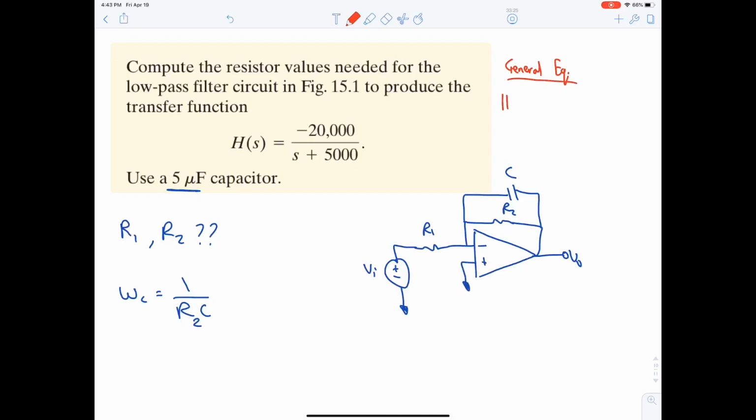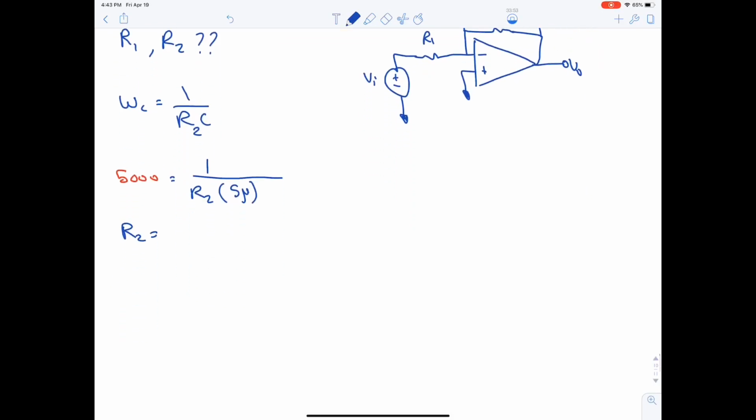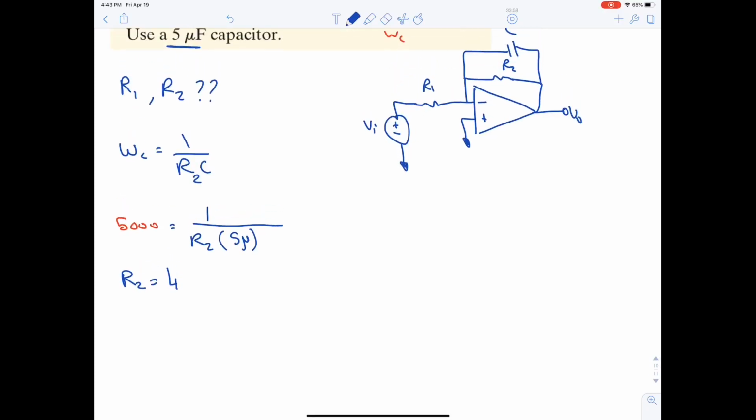It's H of S equals K omega C over S plus omega C. Now what is this value? This value is omega C, and this value is K omega C. So what is omega C? Omega C is actually 5,000. And the capacitor was given to us, it was 5 micro. If you compute this, you will get R2 to be equal to 40 ohm.